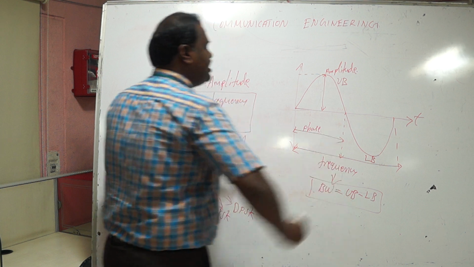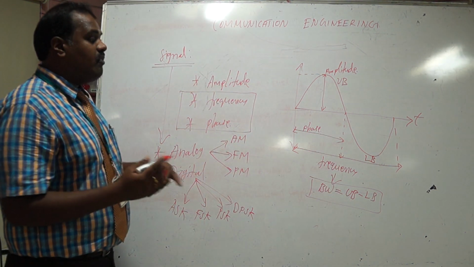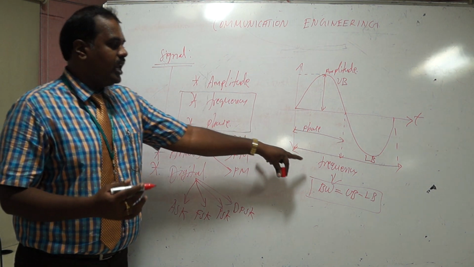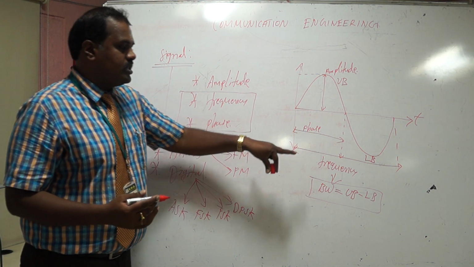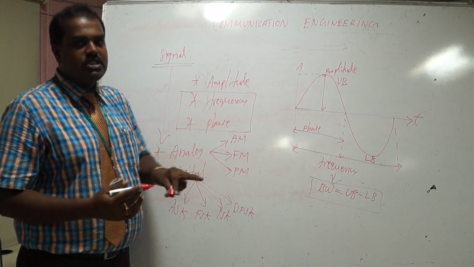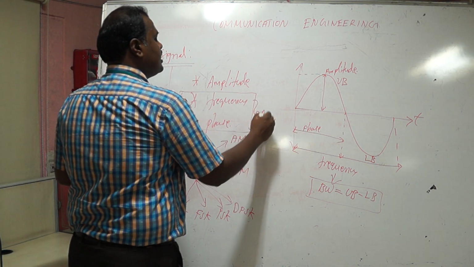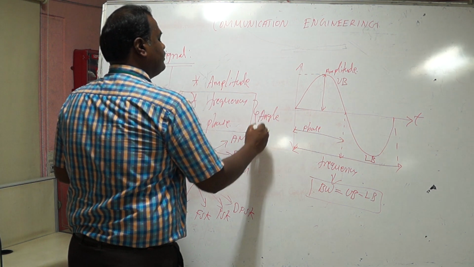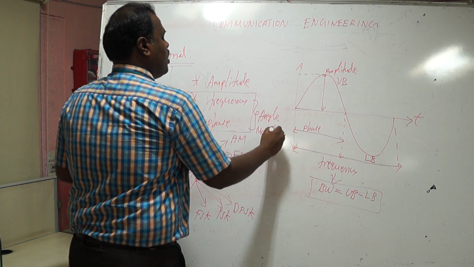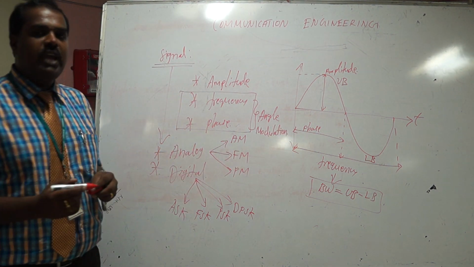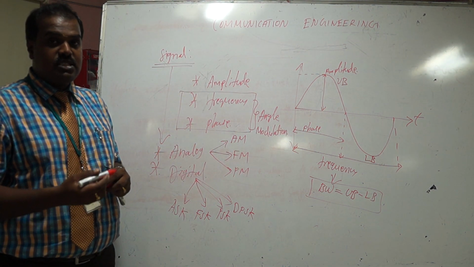The phase and frequency have frequent changes. If there is any change in the phase, there is also a change in the frequency. If the frequency is changing, the phase also will change. That's why the phase and frequency we call angle modulation.